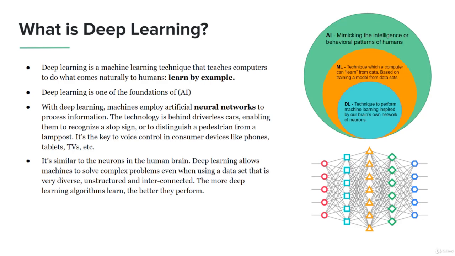Deep learning allows machines to solve complex problems even when using a data set that is very diverse, unstructured, and interconnected. So no matter if it's extremely complex, diverse, highly unstructured, with all this data all over the place, the more deep learning algorithms learn, the better they perform with time.